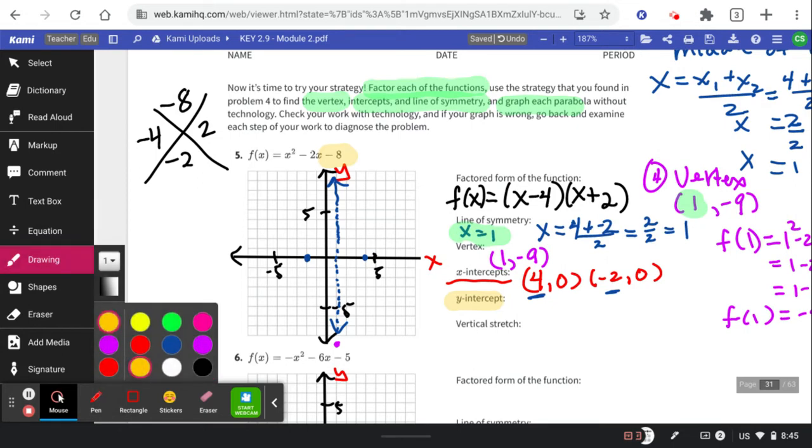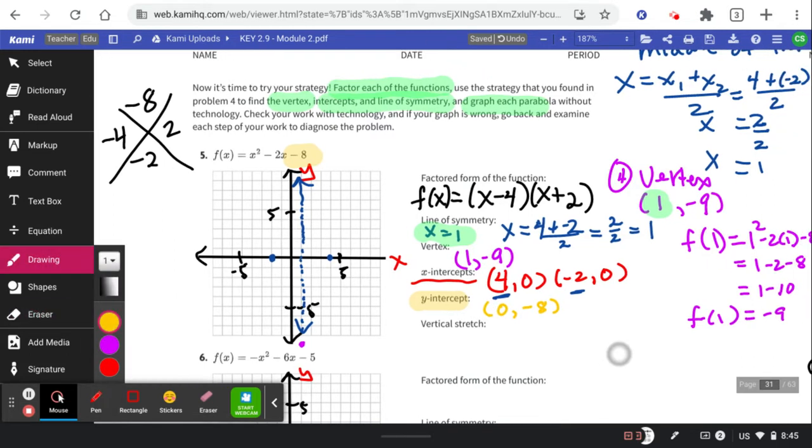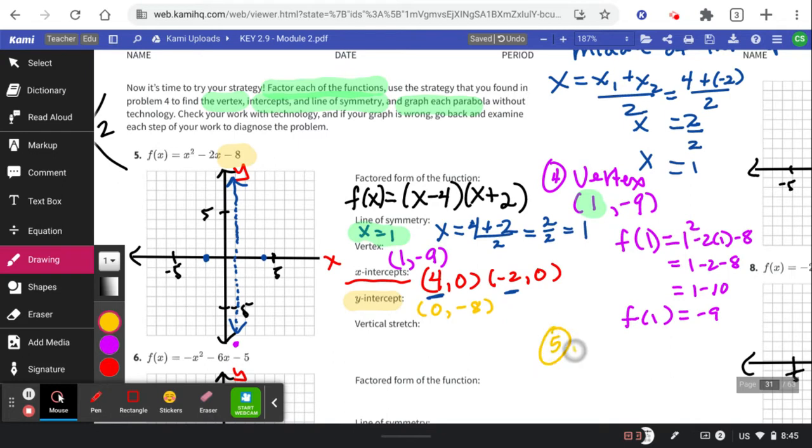So that's going to be at 0, -8. And so to get the y-intercept, we just look at the C value of the function.